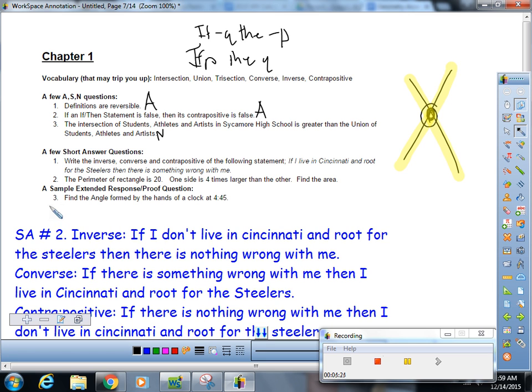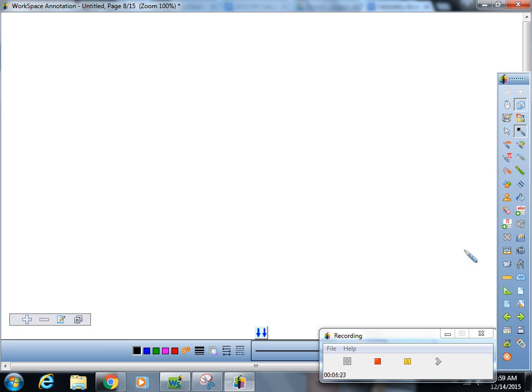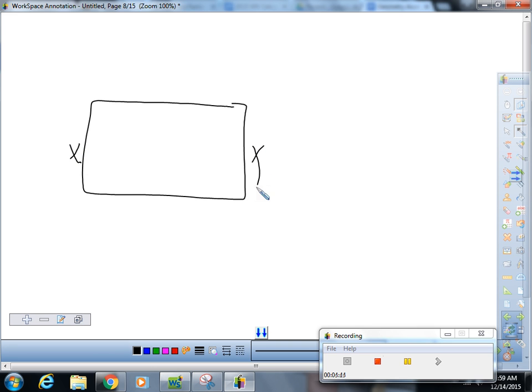For the perimeter of this rectangle, the perimeter is 20 units. So you just got this nice rectangle here. This side could be represented by x, and this side could be 4x, and so could this side. The perimeter of the rectangle, which is the measure of all these sides together, is 20.